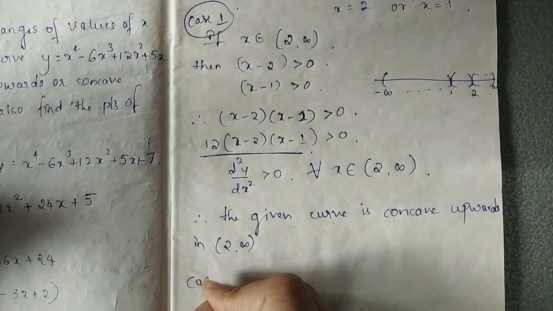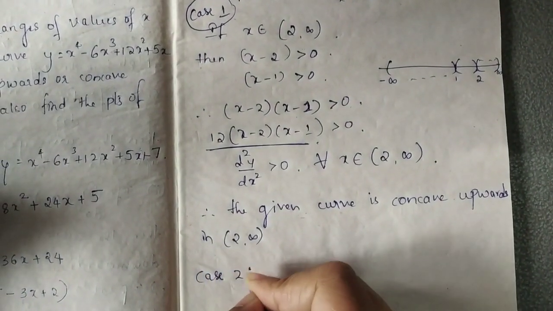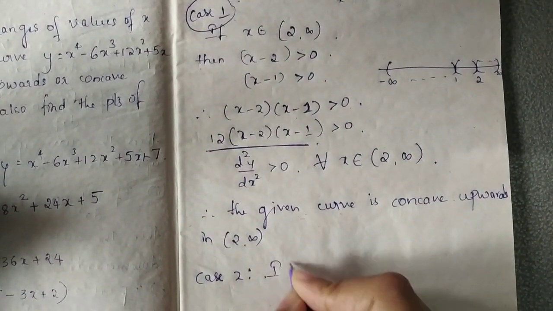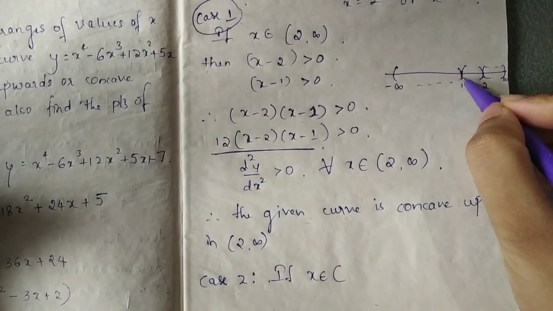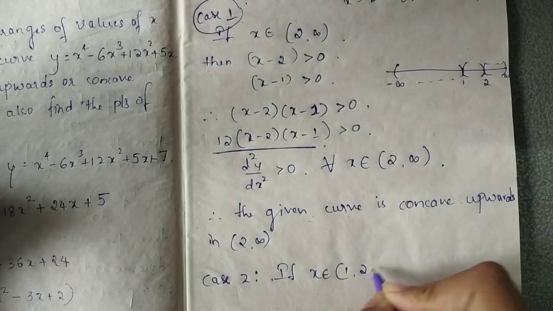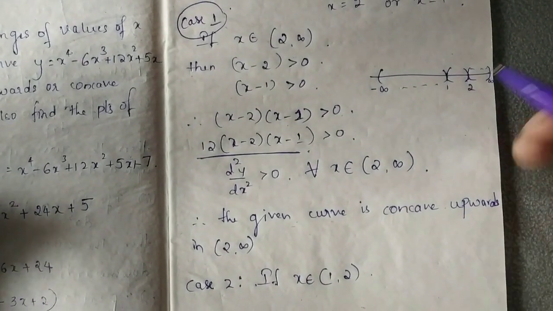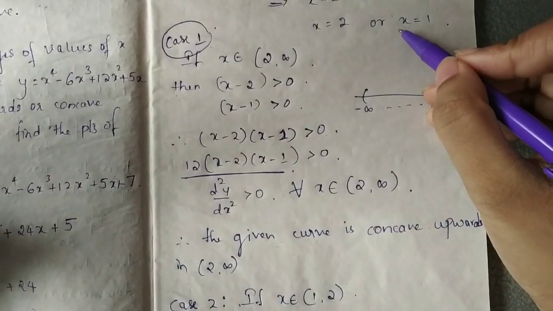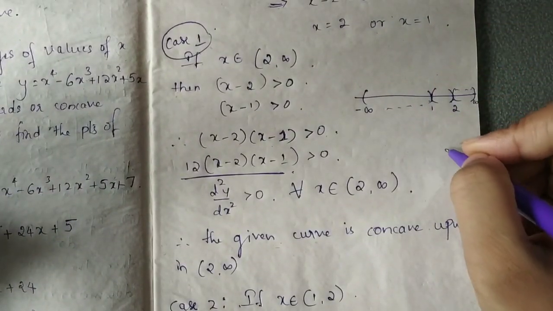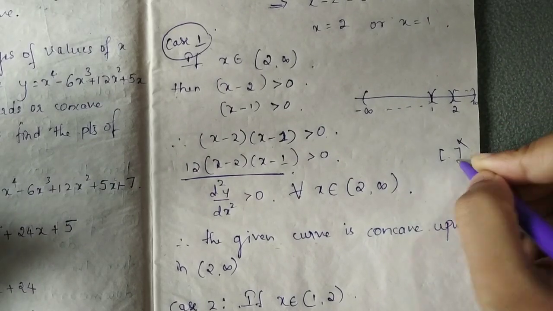Next, we'll move to case 2. Now, we take x belonging to the interval 1 to 2. At the points 1 and 2, we have points of inflection. Therefore, we cannot take the closed interval.